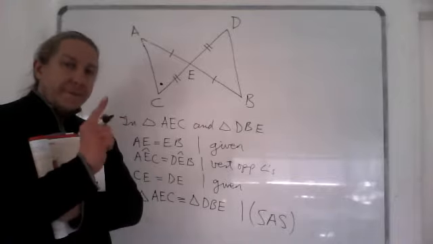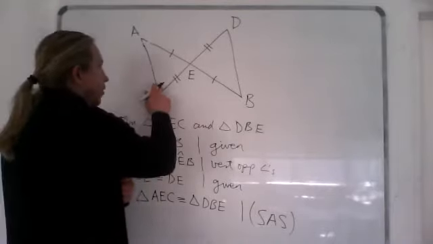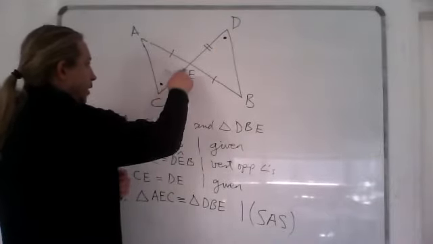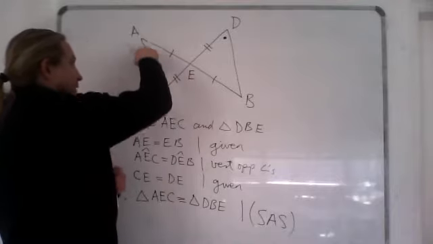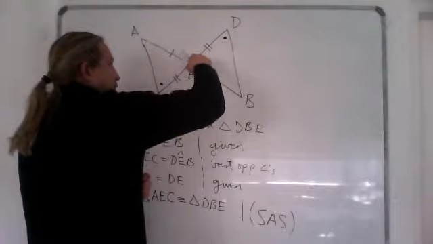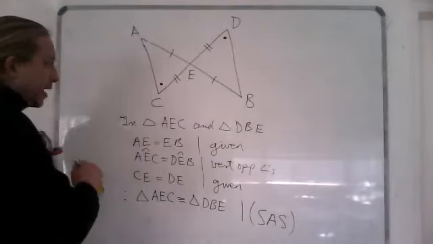So we can now match up the angles. This angle is the same as that angle, because it's between the line with 2 marks and the line with no marks.